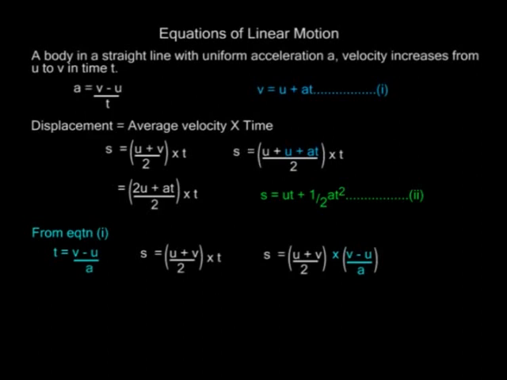Multiplying that by opening the bracket, we shall have v squared minus uv plus uv minus u squared, everything over 2a. Continuing, we shall have minus uv plus uv cancels out or disappears. So we shall have v squared minus u squared over 2a.